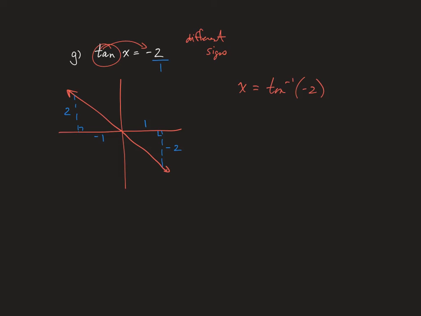So let's make sure that we're good again on what we're actually solving for. We are solving for the related acute angle. And I'd like you to notice that your related acute angle is not x. So let's make sure that we don't label that as x.